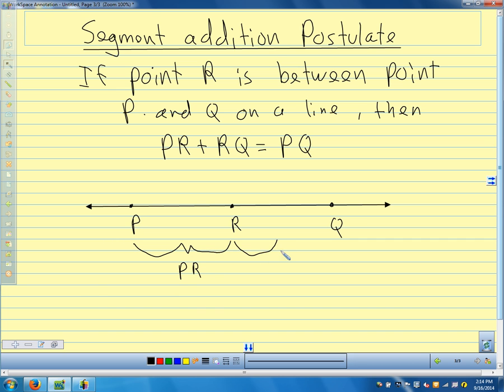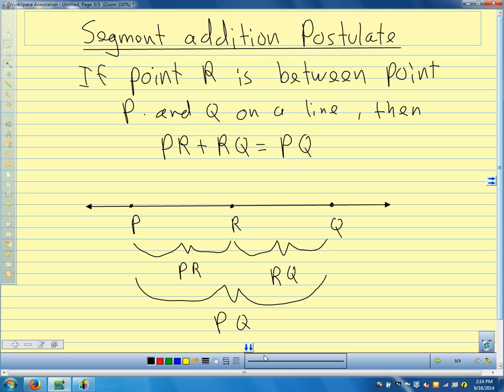This distance is RQ. This whole distance is PQ. So what the segment addition postulate is telling us is I can take the lengths of 2 smaller segments, add them together, and I get the length of the whole big segment.